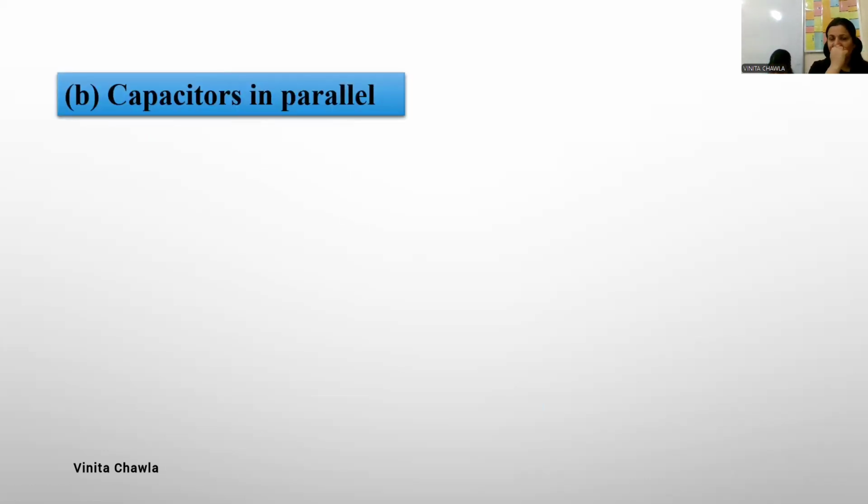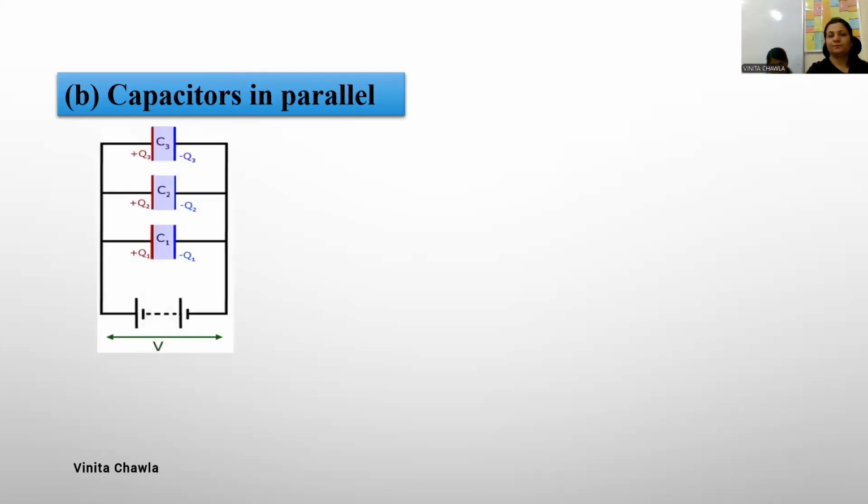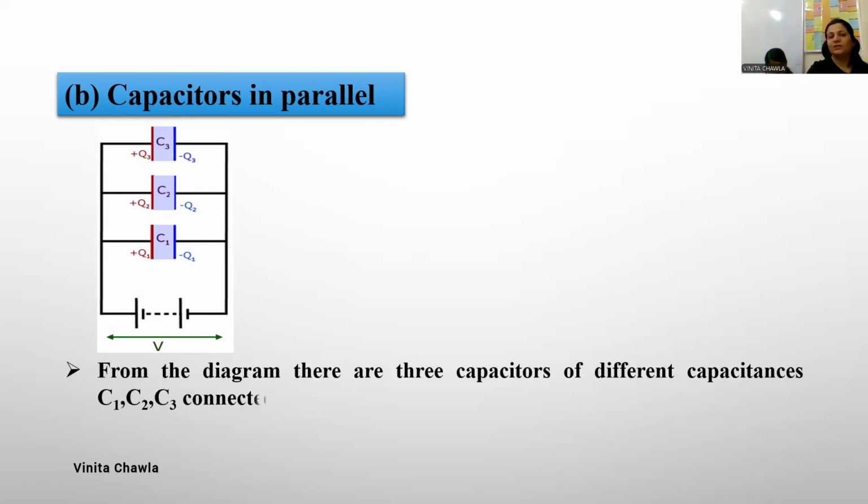Similarly, if we have capacitors in parallel, then what? In parallel combination, the potential drop across each capacitor remains the same. In a parallel circuit, V is the same even for resistors.